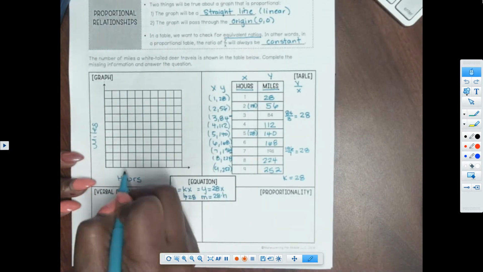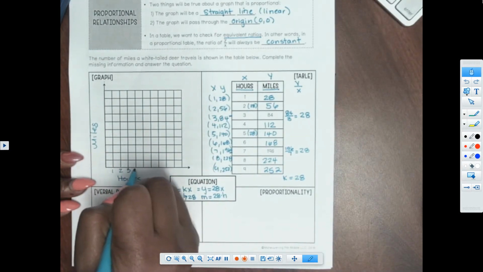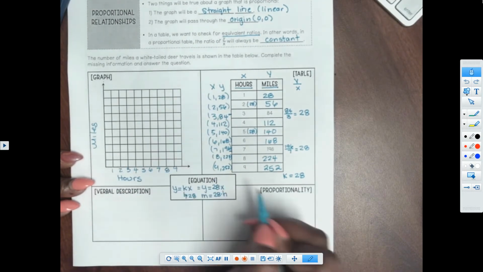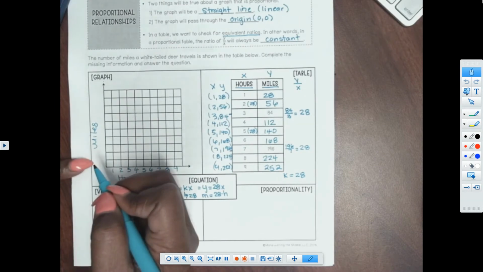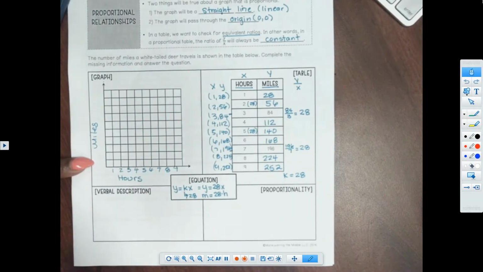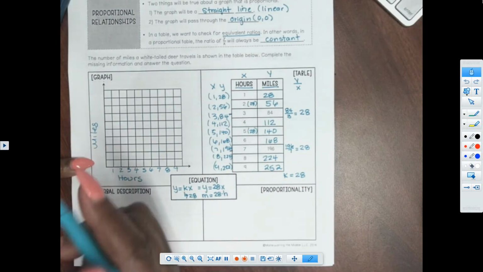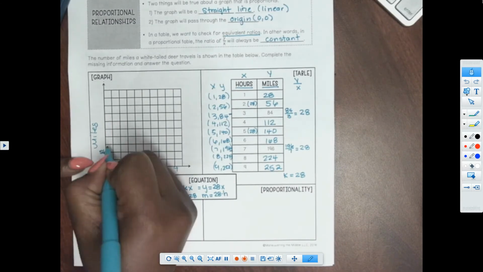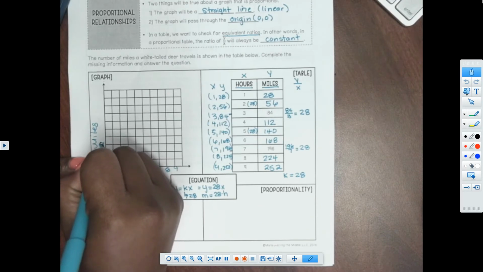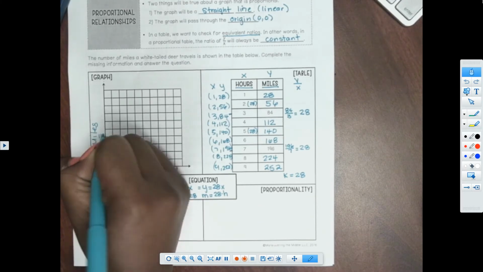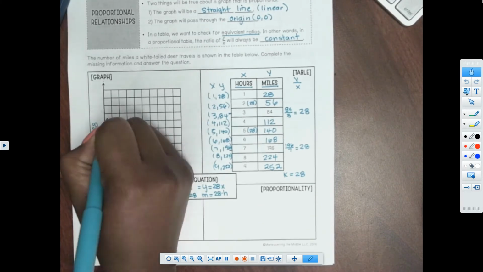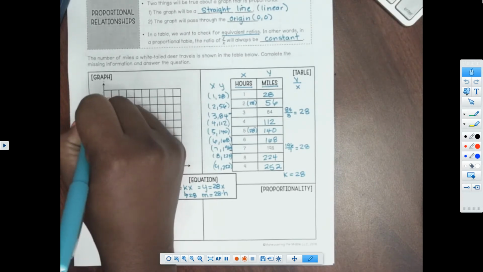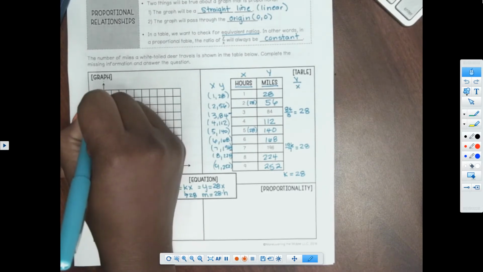So this is 1, 2, 3, 4, 5, 6, 7, 8, and 9. And the way that I'm going to number them is by increments of 28 so that it'll fit on the graph. So 28, 56, 84, 112, 140, 168, 196, 224, and 252.